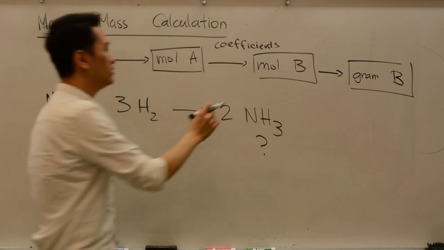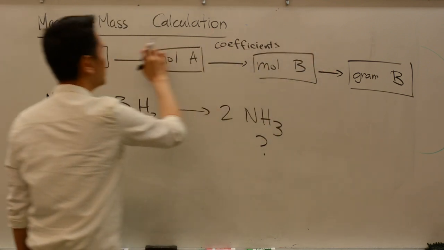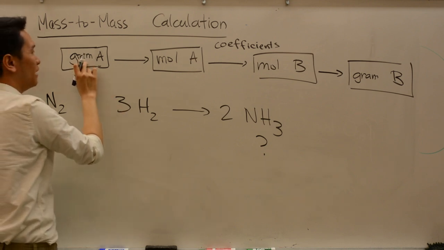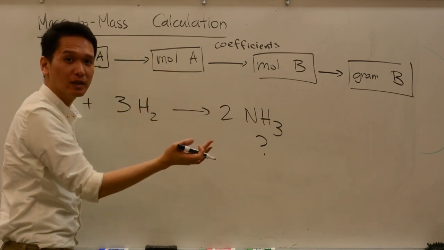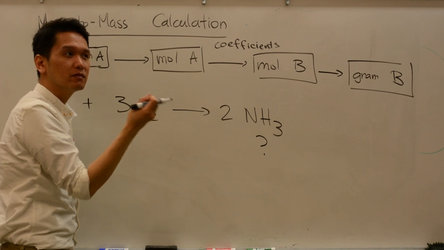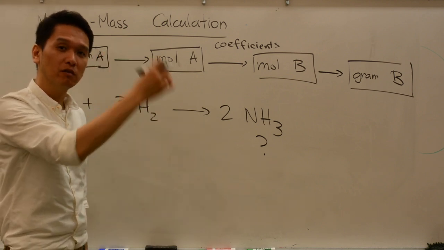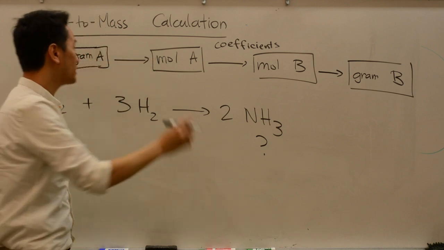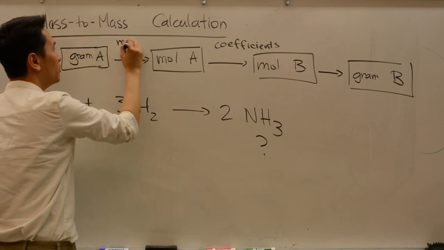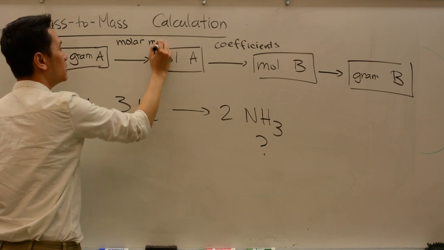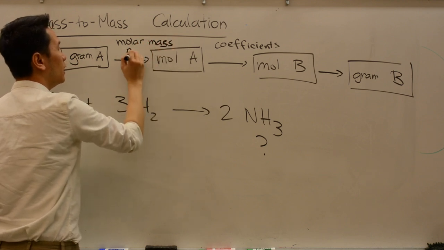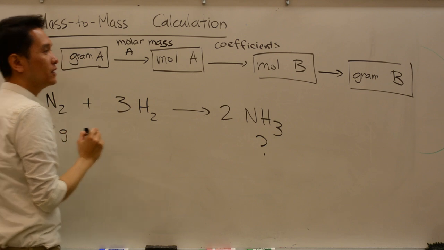So how do we do that? Let's fill in this gap here and this gap here. How would you convert grams of A to moles of A? Using what number we know converts between grams and moles? The molar mass, right? But particularly, the molar mass of A. What about this one?